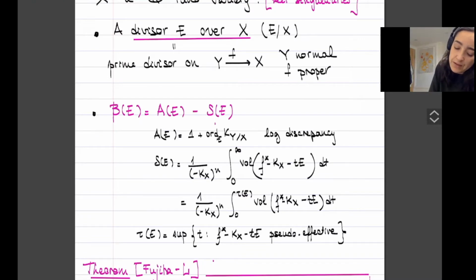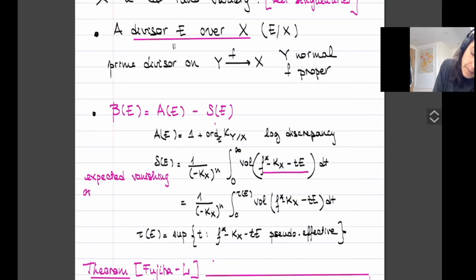In order for this volume to make sense, you want this to be a pseudo-effective divisor. So this integral only goes to the pseudo-effective threshold of your divisor E, and this S of E is an expected vanishing order of the canonical along E, if you like.